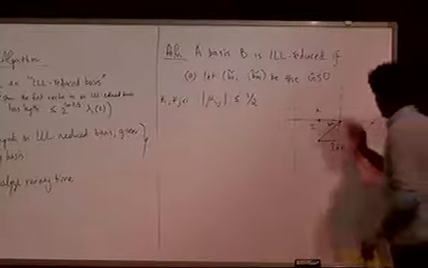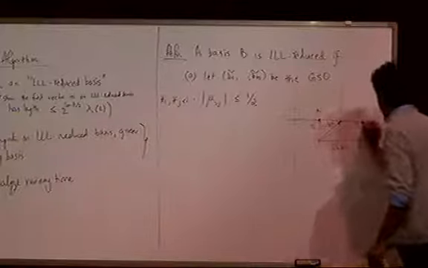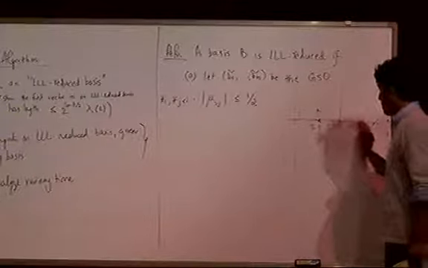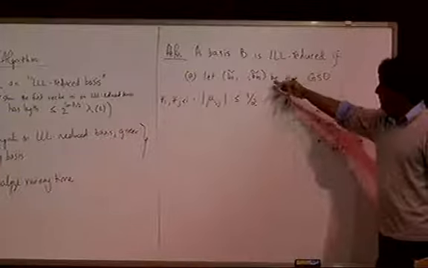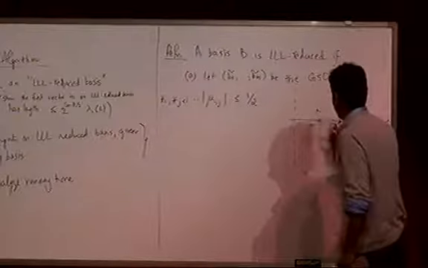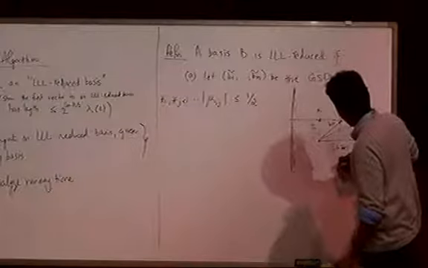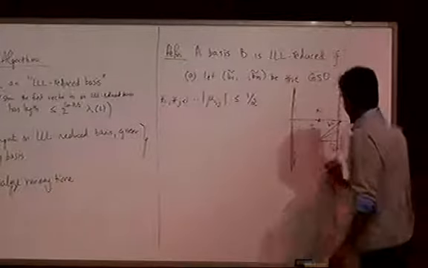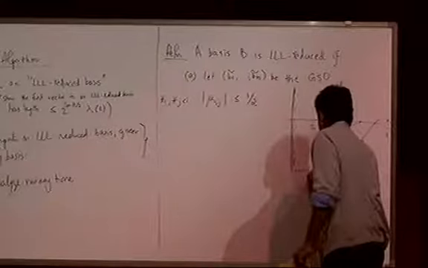If B2 were actually here, then to get to the orthogonal component, I would need to subtract a large multiple of B1. So if a basis satisfies this condition, B2 lies between this vertical line and this vertical line, where this is half B1 and this is half B1.